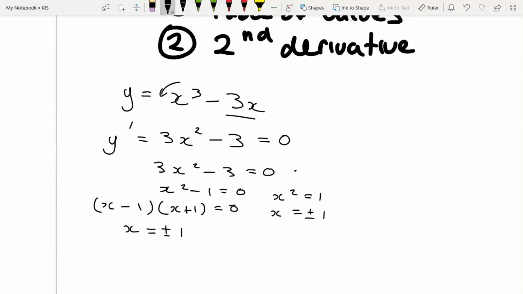How do we find the y coordinates that link with each of those? If we put in f of 1, we get 1 to the 3 minus 3 times 1, which is going to give us minus 2.